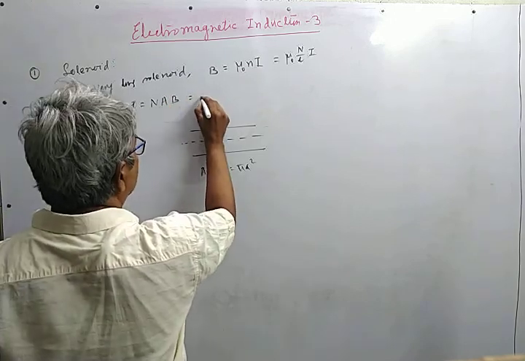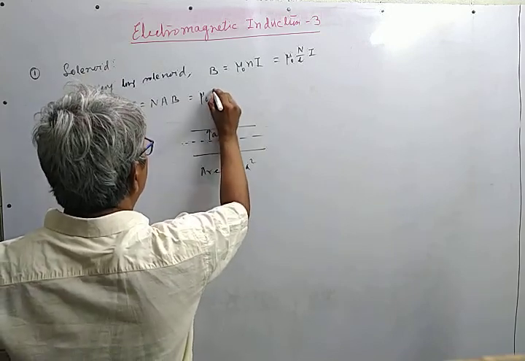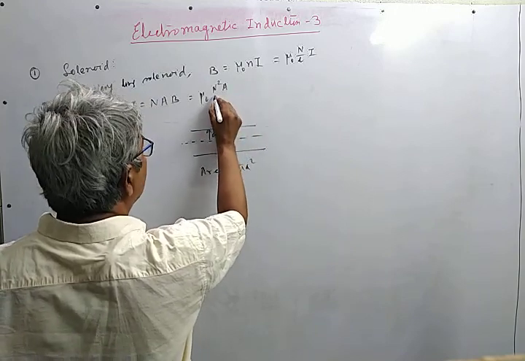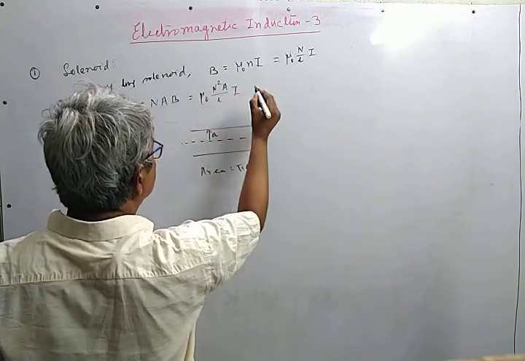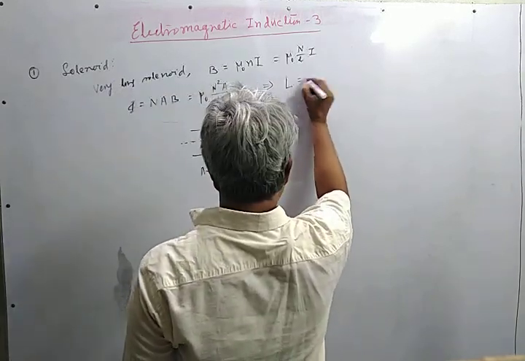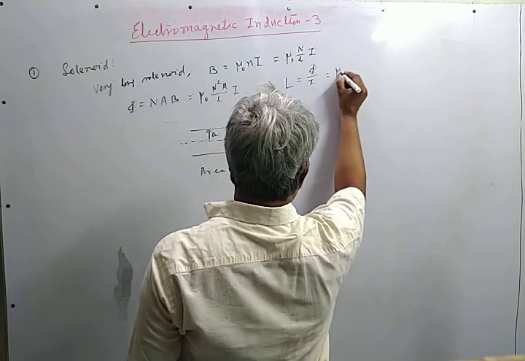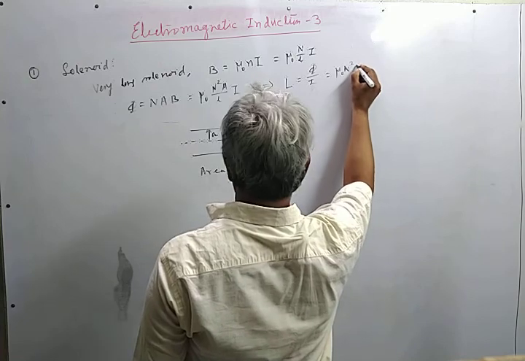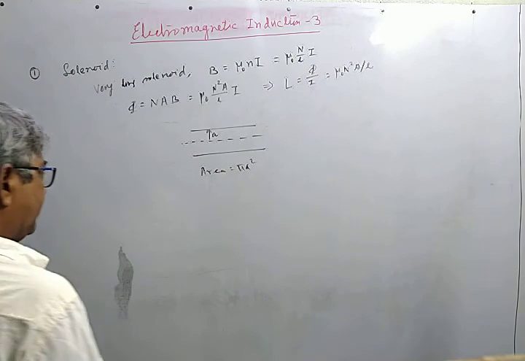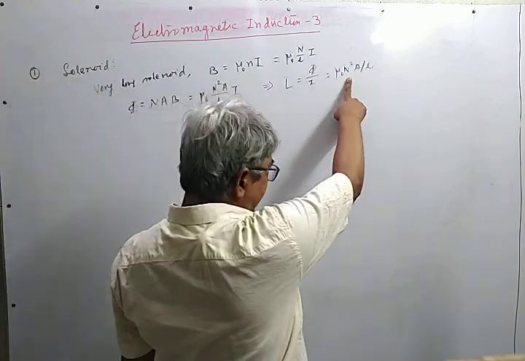So this is equal to mu0 N square A by L times I, which gives you L is equal to phi by I is equal to mu0 N square A upon L. We see that the self-inductance may be increased by increasing A or N, the number of turns.